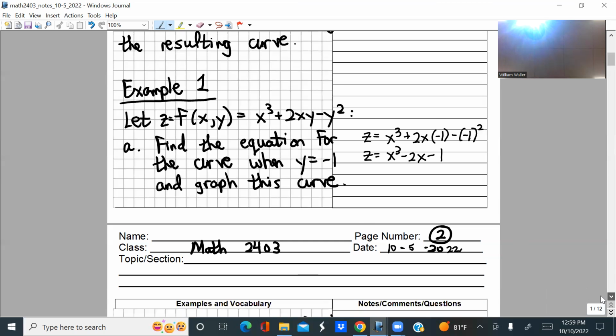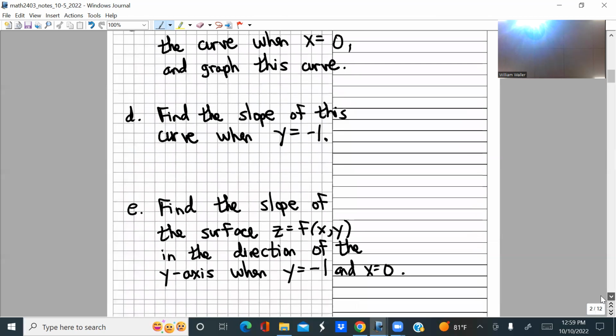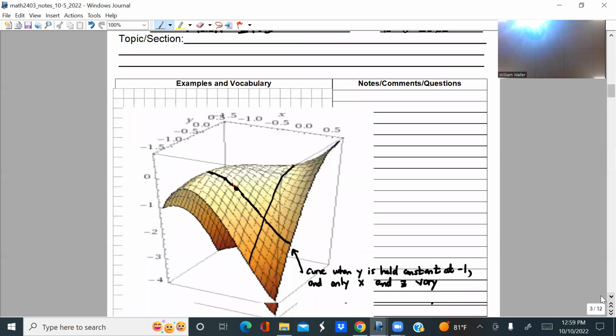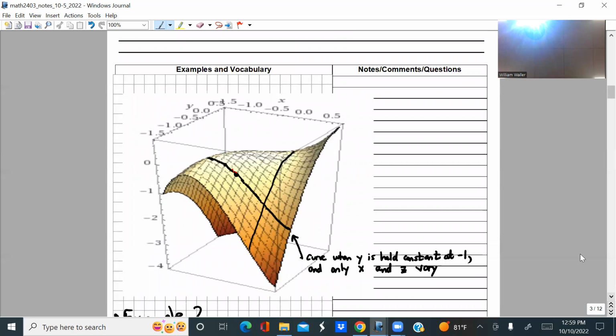Let me show you a picture of that curve. Let's scroll down a little bit here. So there's the actual surface. That's the entire function of two variables. But I'm thinking of, what do I get when I set y equal to -1? There's the y-axis, so we set y to -1. Notice that you don't get an entire surface, you just get a curve, and here's the curve.